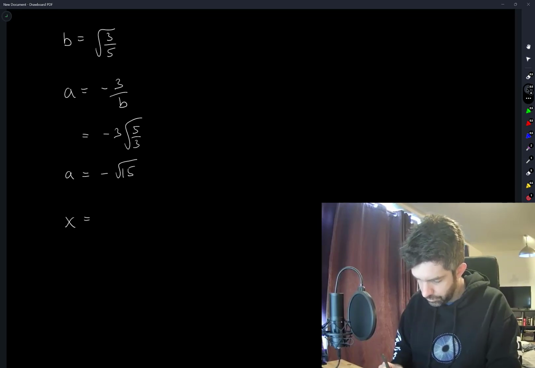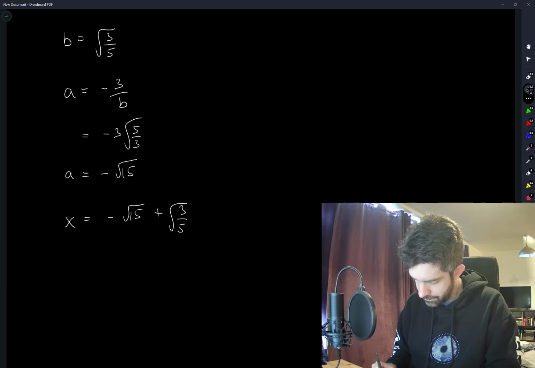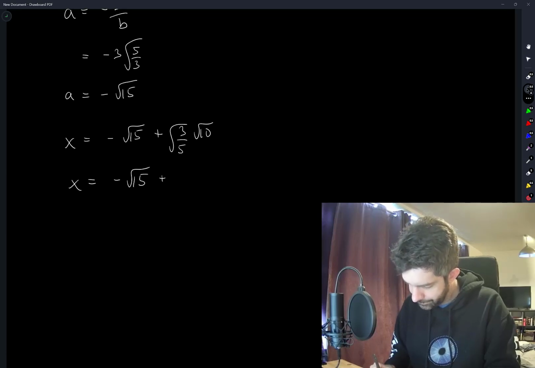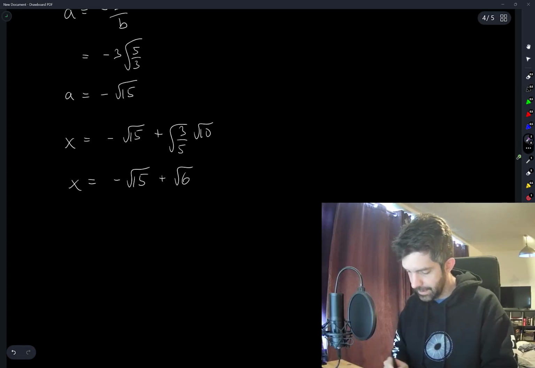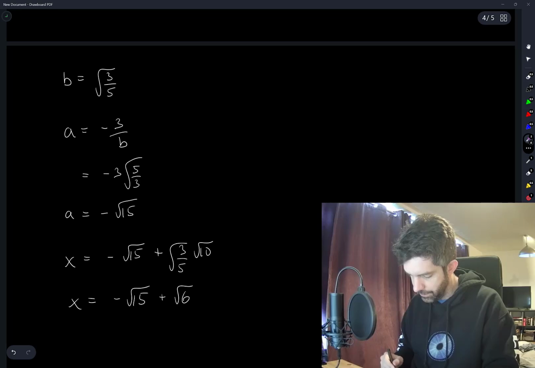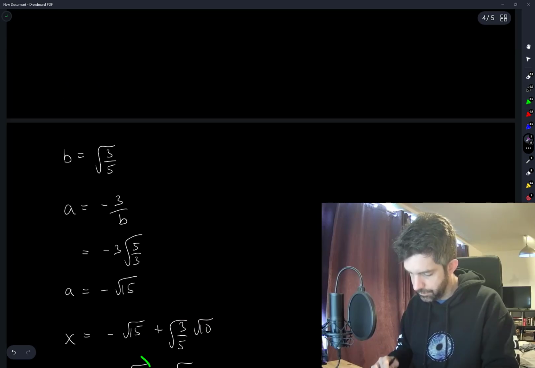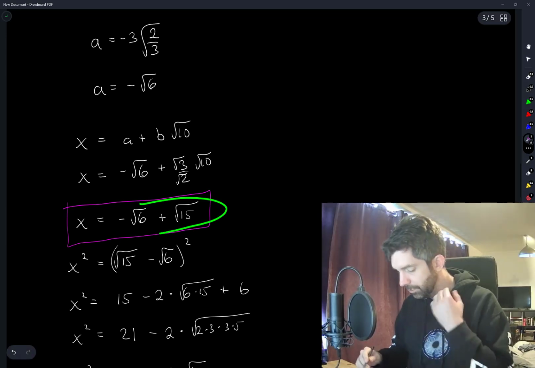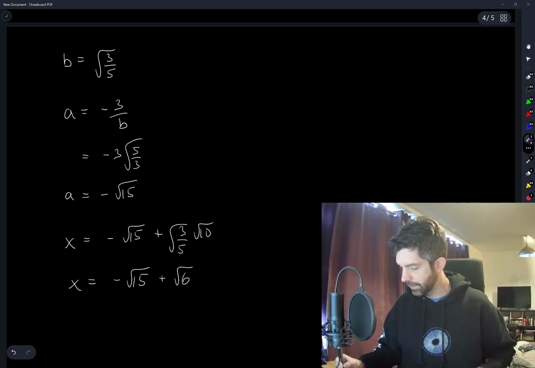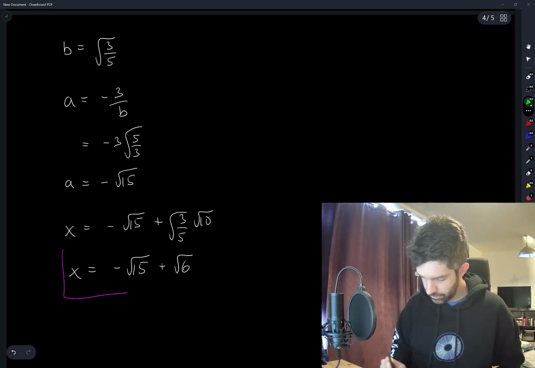Okay, so then x is supposed to be negative root 15 plus root 3 over 5 times root 10. And you can see when you work this out that this is the same as the previous value of x. In fact, this is the negative of what we had solved for before, right? So this is root 6 minus root 15, and here we have negative root 6 plus root 15. So this will also work, certainly. So those are the two roots.